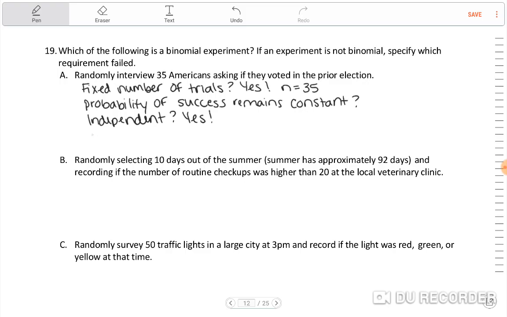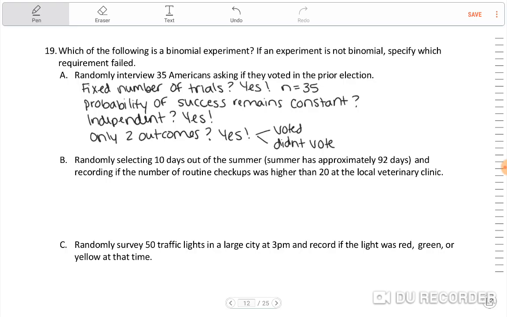And then the other one, only 2 outcomes. That would be a yes. It's either voted or didn't vote. Right? Those would be your 2 possible outcomes.